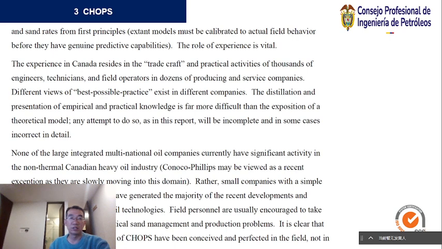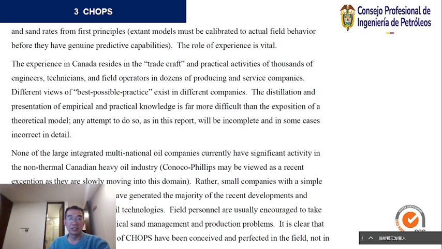Different views of best possible practice exist in different companies. The distillation and presentation of empirical and practical knowledge is far more difficult than the exposition of a theoretical model. Any attempt to do so, as in this report, will be incomplete and in some cases incorrect in detail.